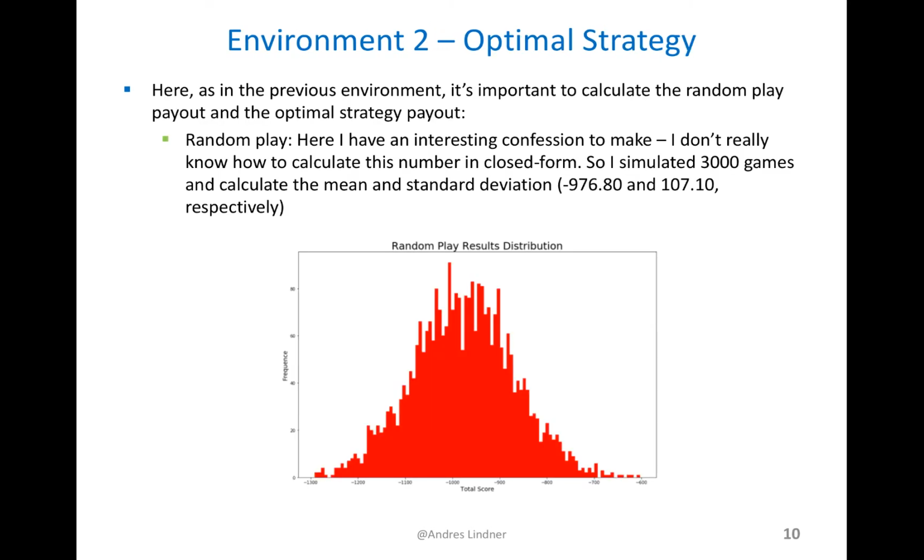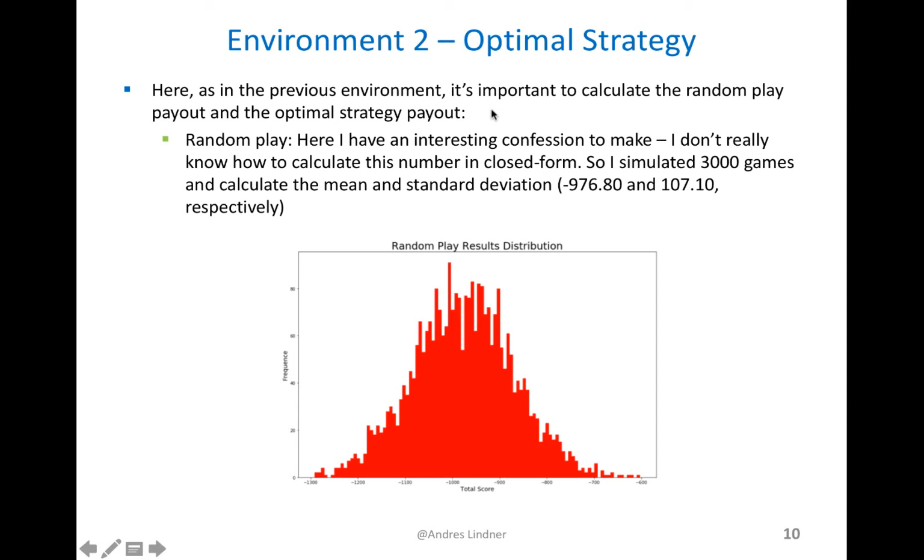So let's go over the benchmarks. First of all, let's start with random play. And I have to say, this is a game that even for me is quite difficult to think about in terms of calculating exactly what the number for random play is. So I just did a simulation, 3,000 games, and again, each game is comprised of 200 cycles.